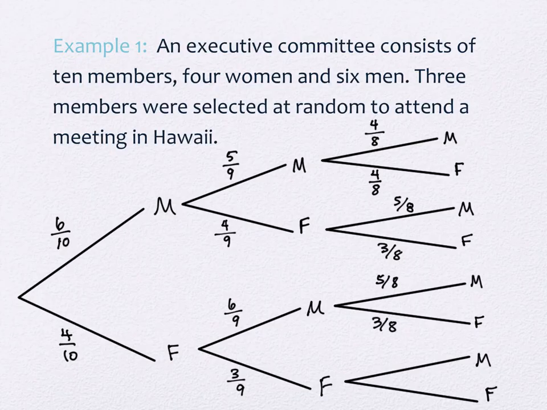Okay, last branch down here. I've drawn along that branch 2 women's names, 2 female names. So how many guys are still in the bucket? 6, yes. And how many girls are still in that bucket?